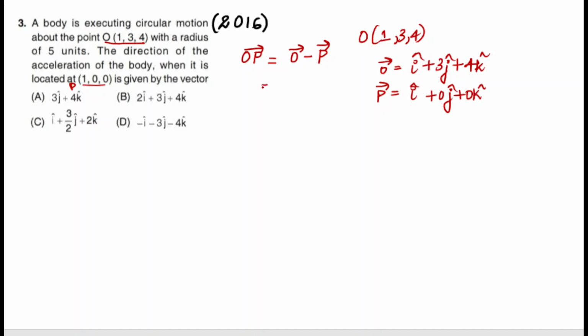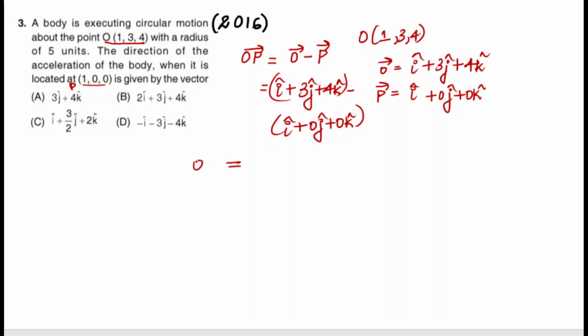So OP vector can be found out as i cap plus 3 times j cap plus 4 times k cap, negative of this P vector, that is i cap plus 0 times j cap plus 0 times k cap, right?